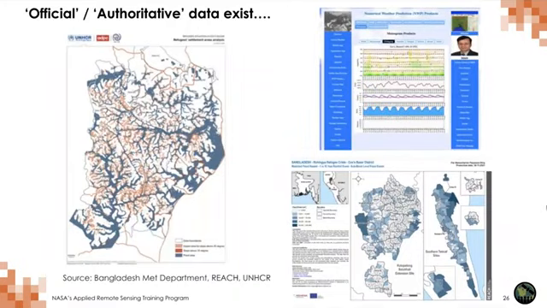And yes, thinking about data that's available, official and authoritative data does exist. And we found that in Cox's Bazar. On the left-hand side, this was a UNHCR produced map of flood risk areas in the mega camp Kutupalong.